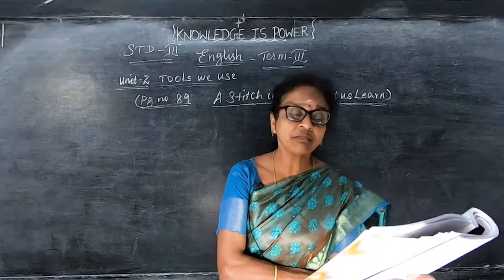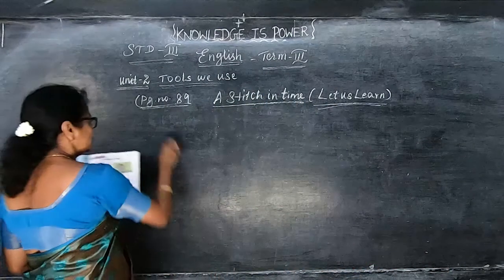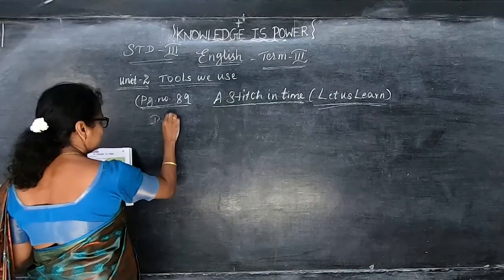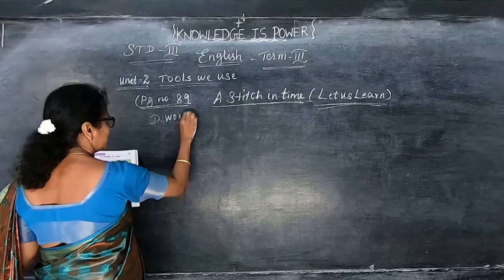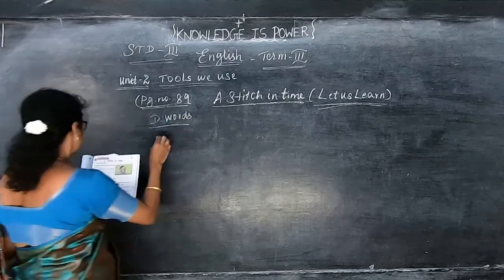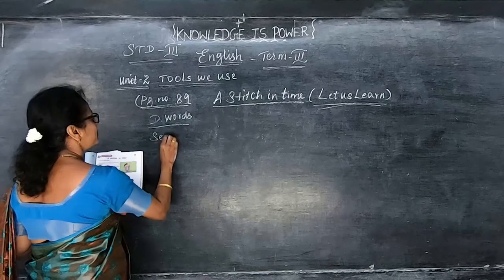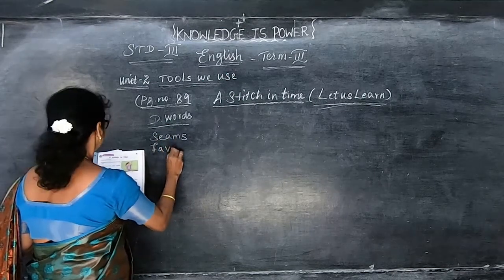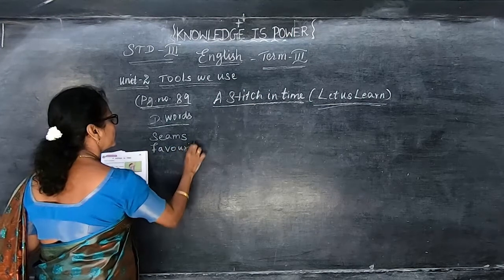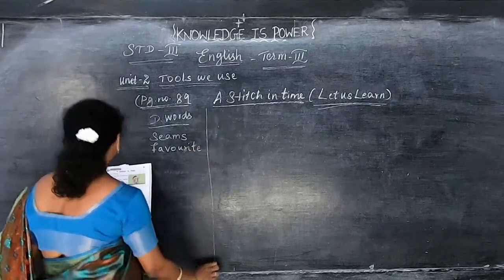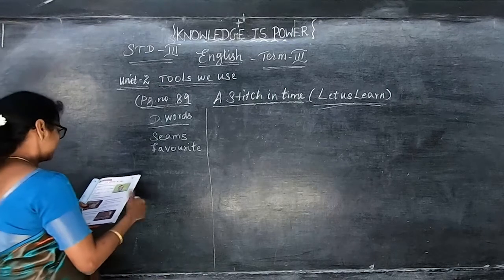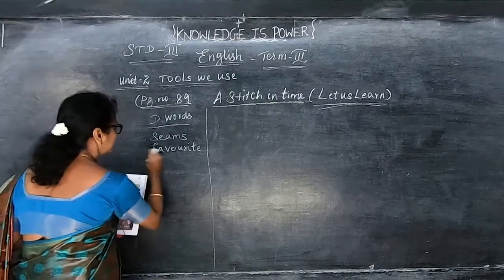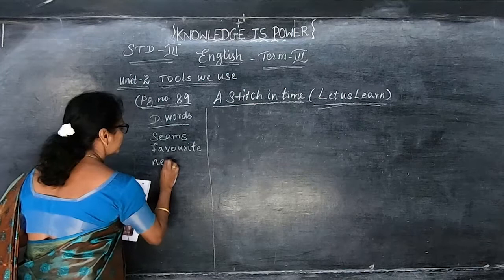Okay, this is in this page. In this you can learn the D words, children. In this first page I have given the D words. What are the D words? Seams. Then favorite. Then needle. Learn this spelling, children.